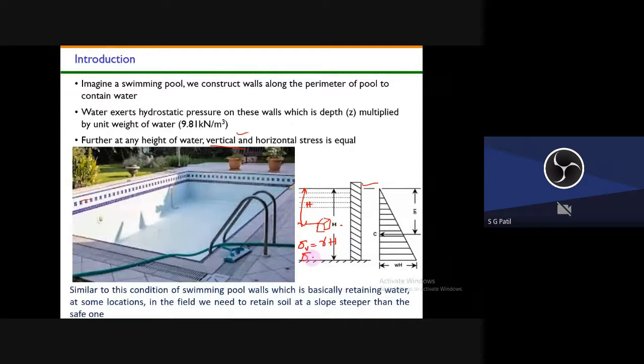But your sigma H, that is horizontal stress, is not equal to vertical stress in case of soil. So your vertical stress is not equal to horizontal stress in case of soil. Whereas if you retain the water here, your vertical stress is equal to the horizontal stress.